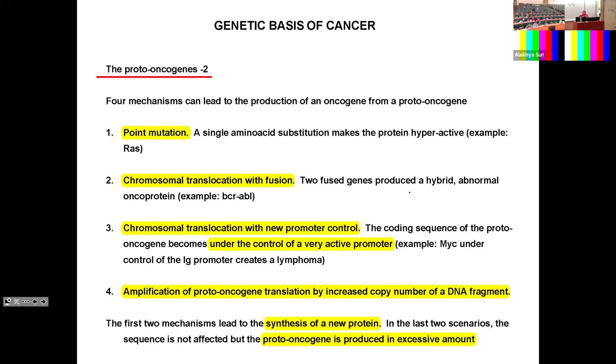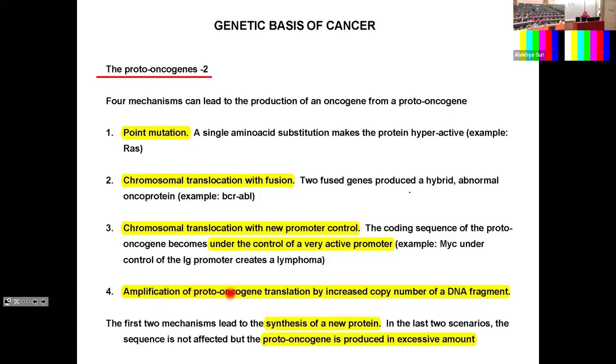So now, instead of only producing the immunoglobulin, they also start producing MYC, dysregulated, right? That will lead to abnormal growth, because MYC doesn't need to be hyperstimulated when it's not needed. So that is one example of chromosomal translocation with a new promoter.